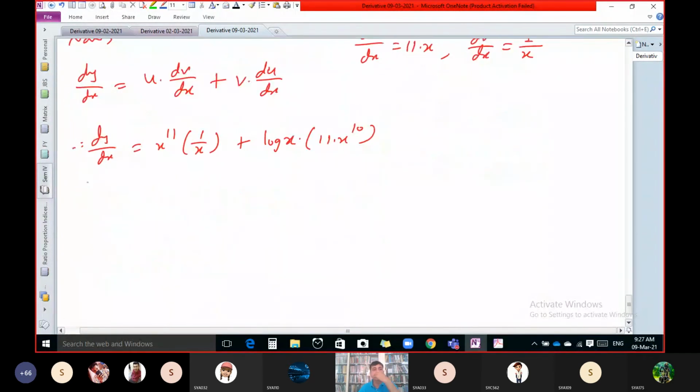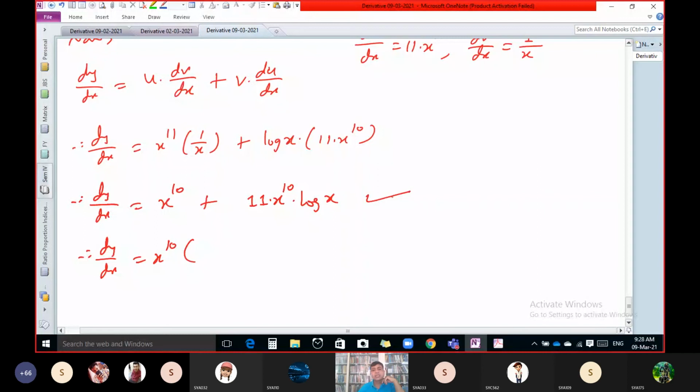Now one more step of simplification. This is nothing but x raised to 11 upon x, means x raised to 10, plus 11 into x raised to 10 into log x as it is. And you can do one more step. Take x raised to 10 common. So either you can keep this as your final answer, no problem at all, or you can take x raised to 10 common.